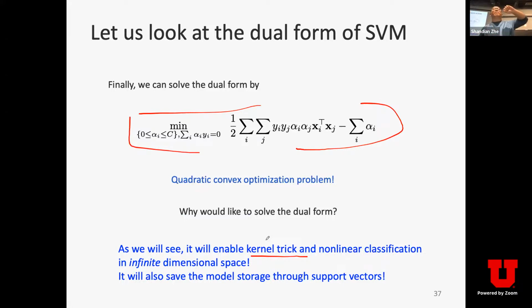You just compute the kernel function in the original low dimensional feature space. It is equivalent to first doing the feature mapping and then doing the dot product. And then the dual form enables us to directly inject the kernel trick here to replace the dot product by a kernel function. But we'll see that later.